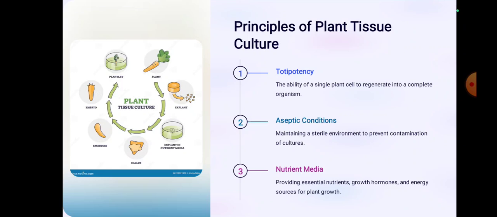Aseptic condition means maintaining a sterilized environment to prevent contamination of the culture. Nutrient media provide essential nutrients, growth hormones, and an energy source for plant growth, as shown in the picture.